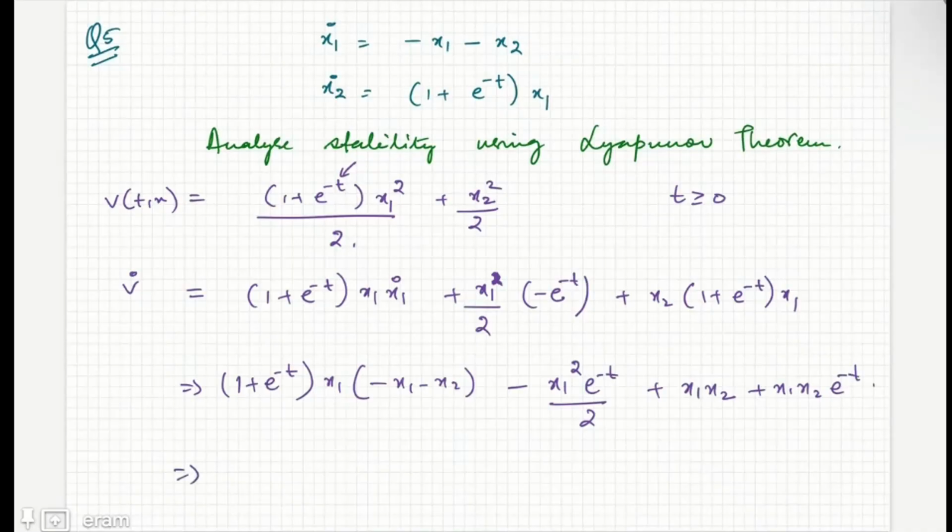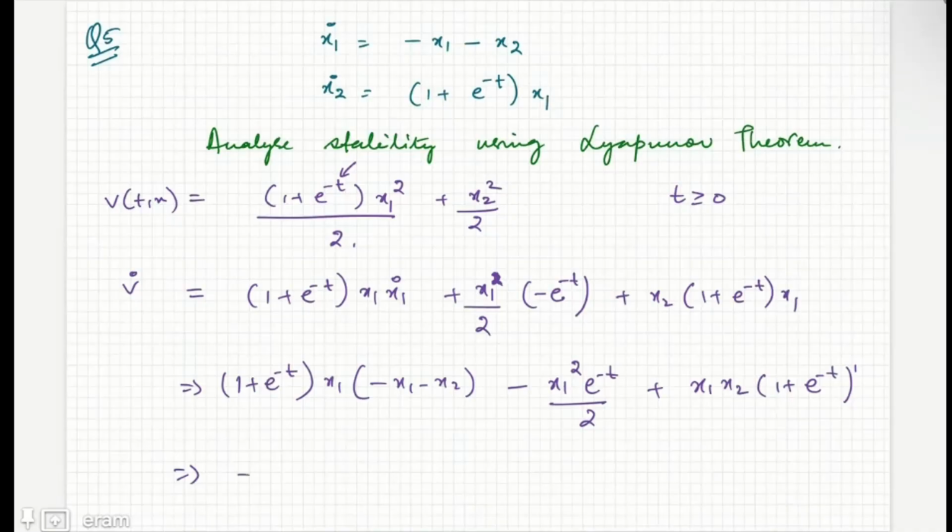Okay, now let's take everything which is common over here. So this quantity is nothing but x1 x2 1 plus e to the power minus t.